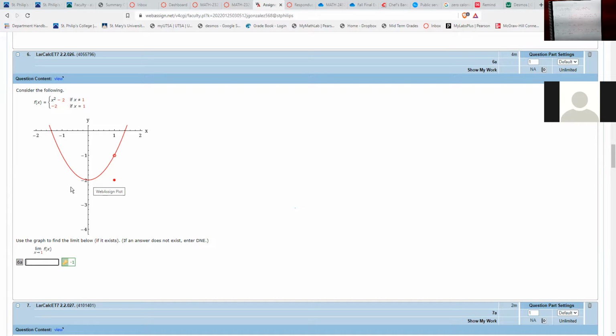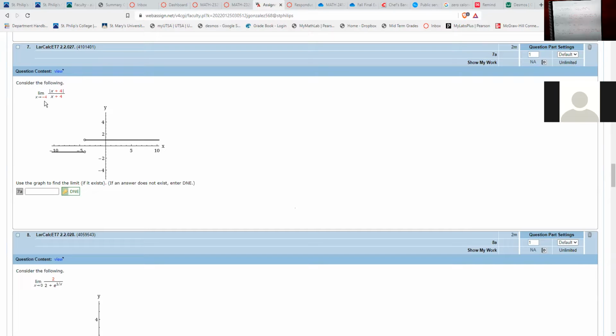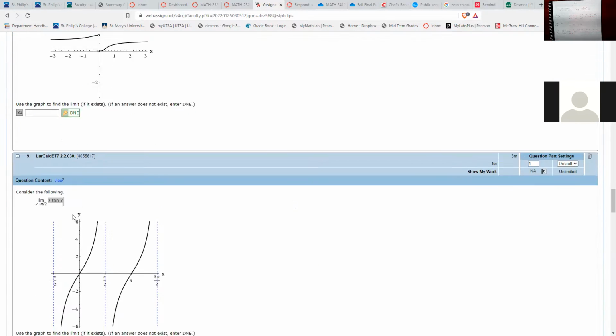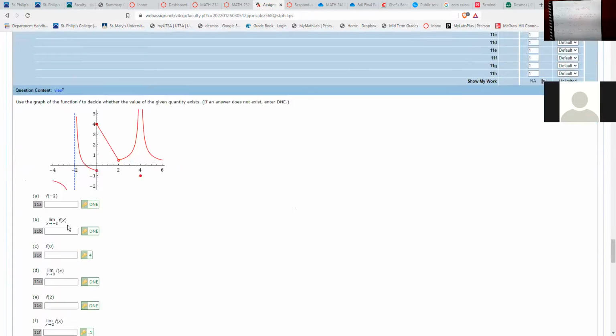Pretty much, you're just looking at the function, which they gave you a graph of, and you're seeing what's happening to the y values as you approach the specific x that they are asking about. That's all of them. Same thing here, number 4: we look at that x value and look at the y's. Over and over again. It's the same thing.